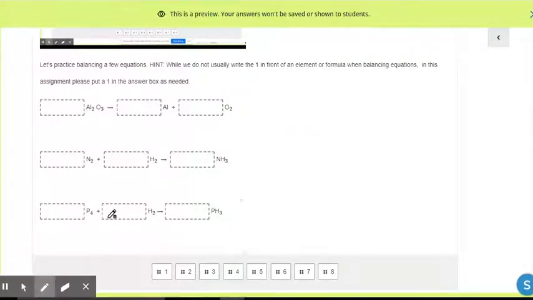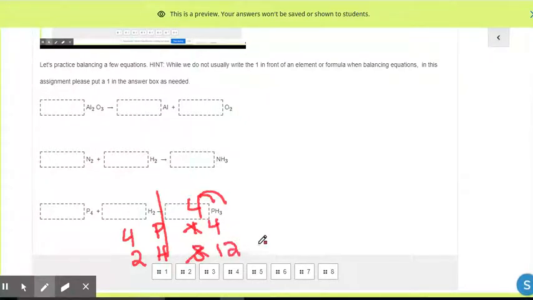So if I have P4 over here, we'll go line down the middle method, okay? So we have phosphorus and hydrogen. I have 4 on this side, 1 on this side, 2 hydrogens, 3 over here, right? Okay, so right here, we obviously see this issue. So I'm going to put a 4 over here. So now I have 4 phosphoruses and 12 hydrogens, okay?